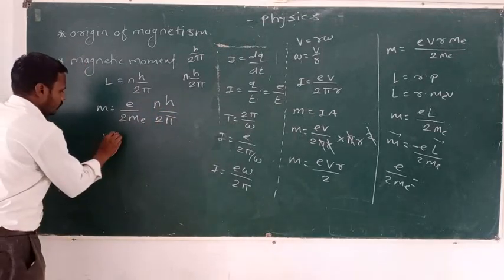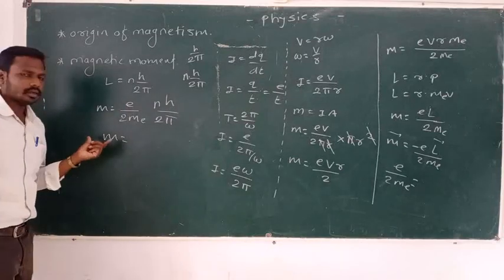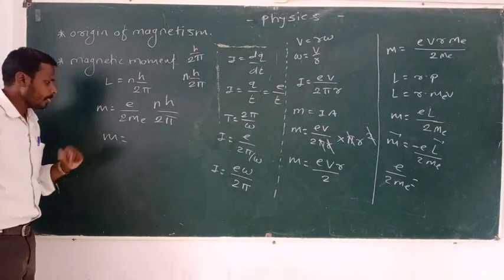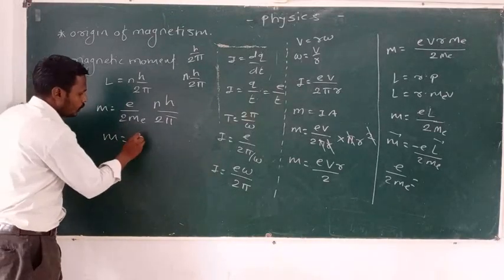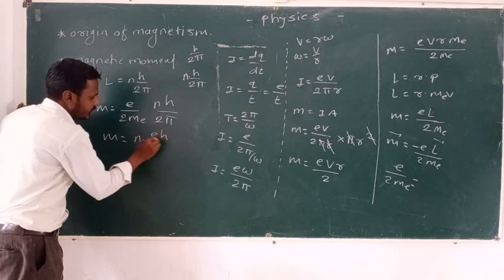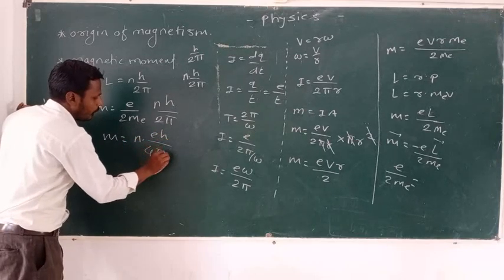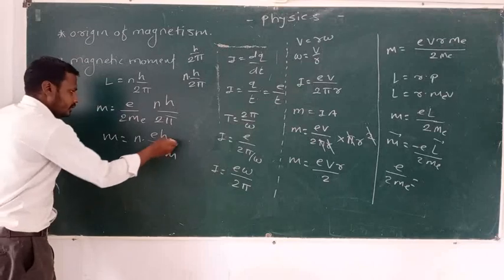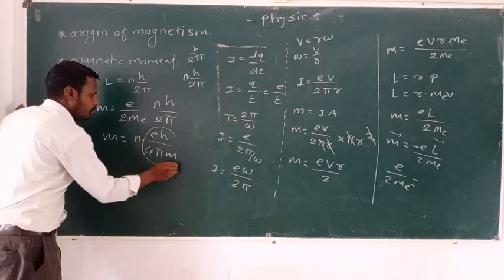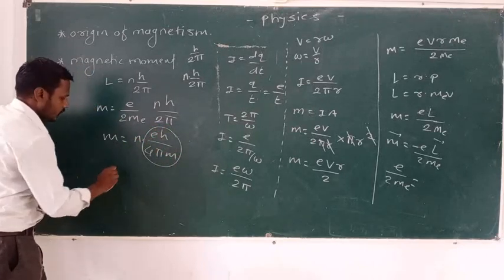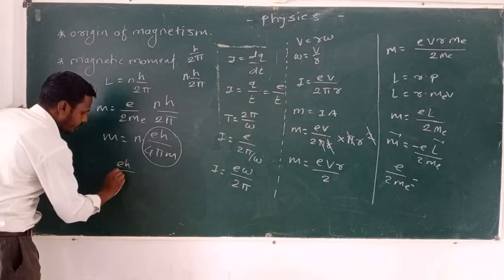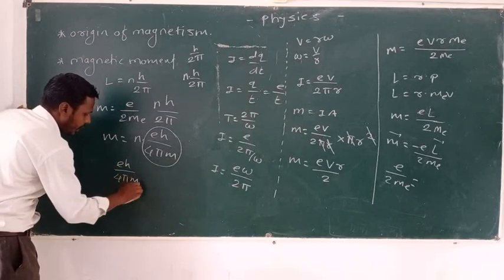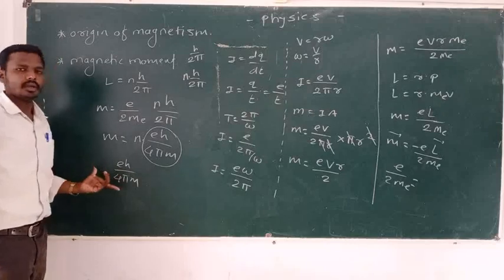M, that is magnetic dipole moment, is equal to n into eh divided by 4 pi m. This quantity, eh divided by 4 pi m, is called the Bohr magneton.